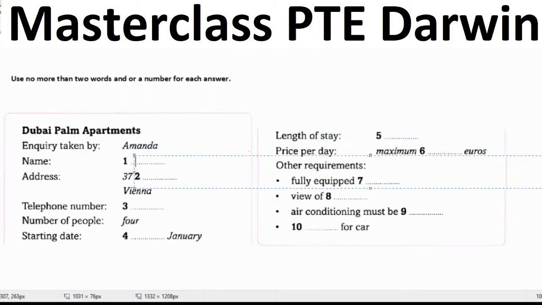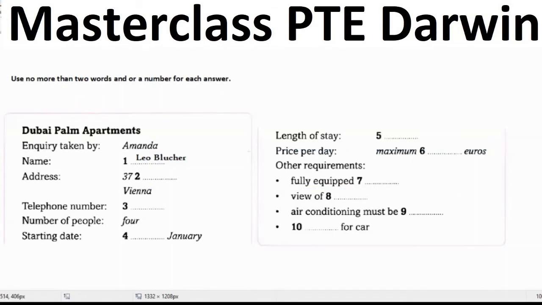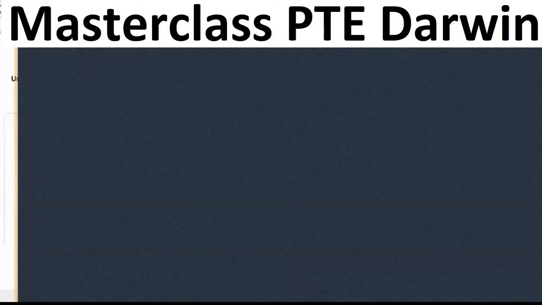So write the name. L-E-O. Surname is B-L-U-C-H-E-R. Blücher. His name is Leo Blücher. Okay, so that was his name. Now we'll go to the next question.